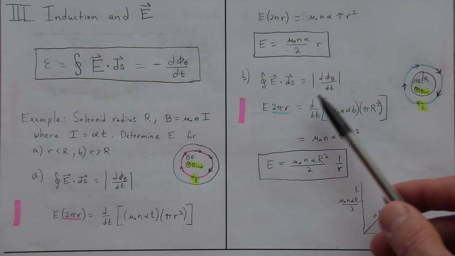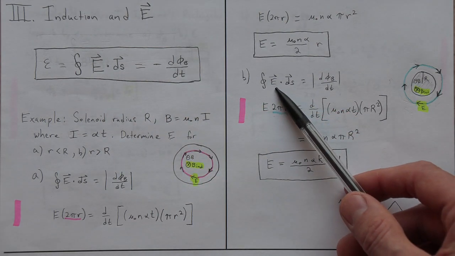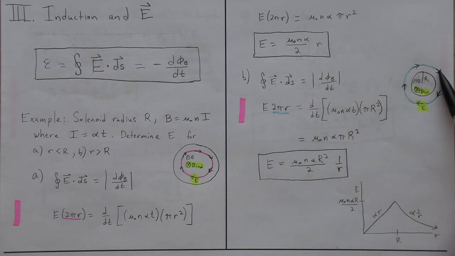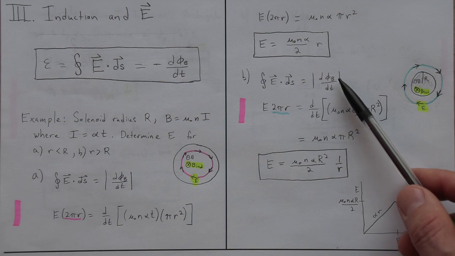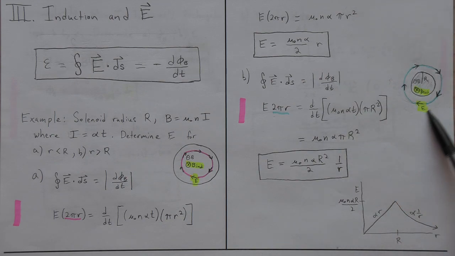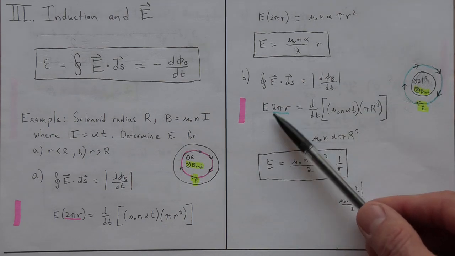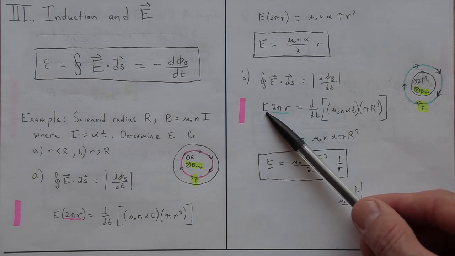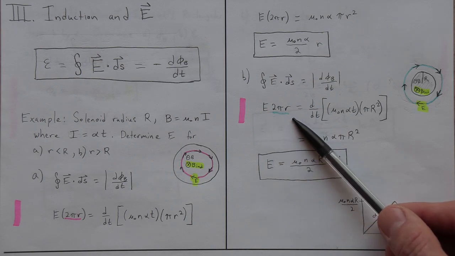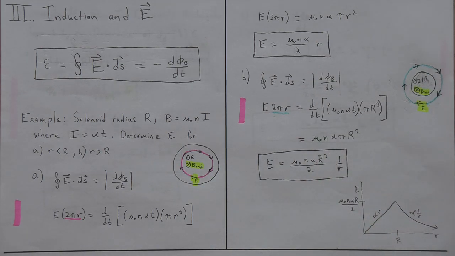Outside the solenoid, I use the same idea here. Electric field, that's the voltage around some loop out here, is equal to the rate of change of the flux through this loop. Now, the left side just becomes like in Ampere's law. Instead of B ds integrated, it's E ds, which integrates to E times 2 pi r around here. Now the flux, it's B times area. But notice I don't have little r here like I had here.